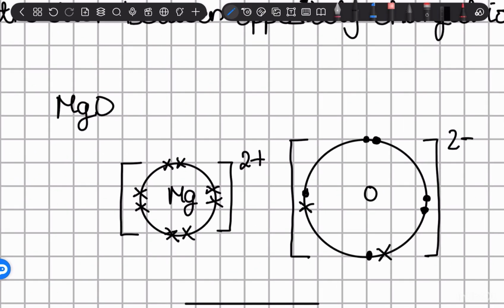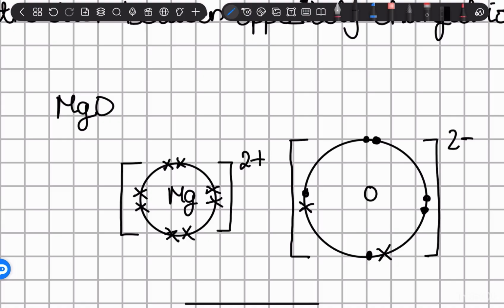Magnesium oxide, similar to the sodium one, oxygen needs two valence electrons to complete its valence shell so that it can achieve that noble gas configuration. Magnesium needs to let go of its two electrons in its valence shell so that it can also achieve a noble gas configuration. So this works perfectly, and one magnesium atom would need one oxygen atom.